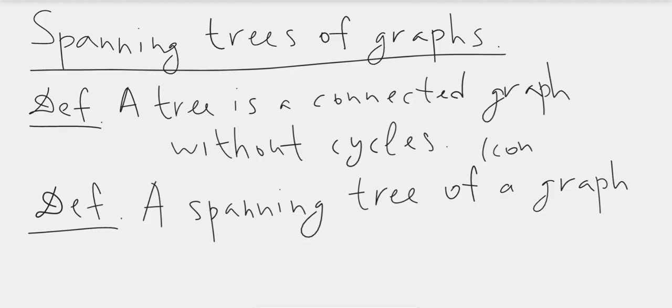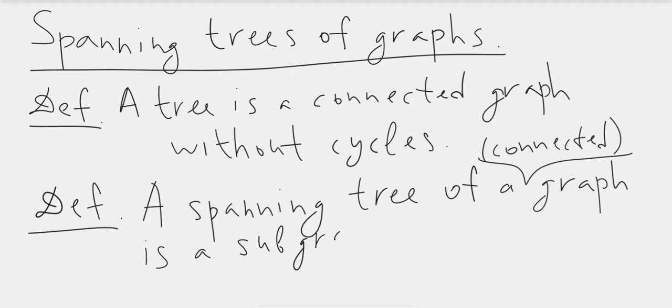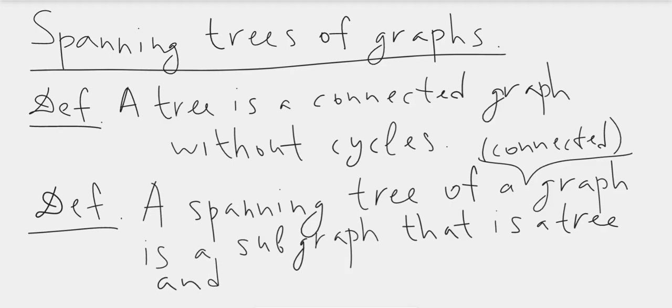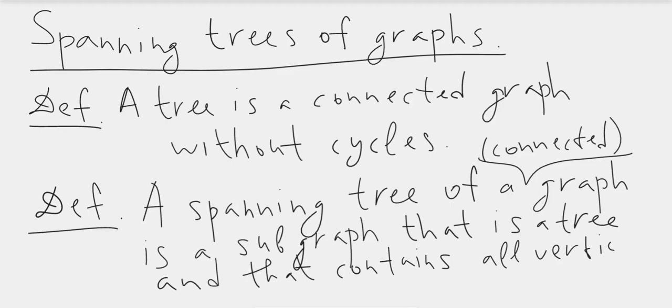A spanning tree of a connected graph is a subgraph that is a tree and that contains all vertices of the original graph.